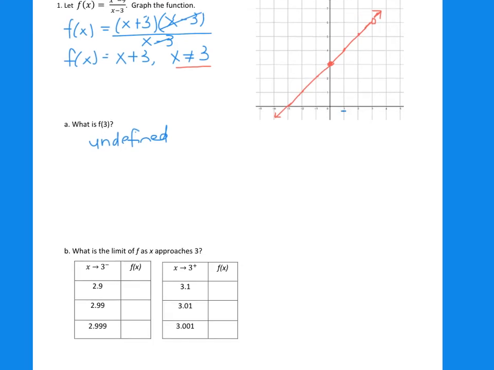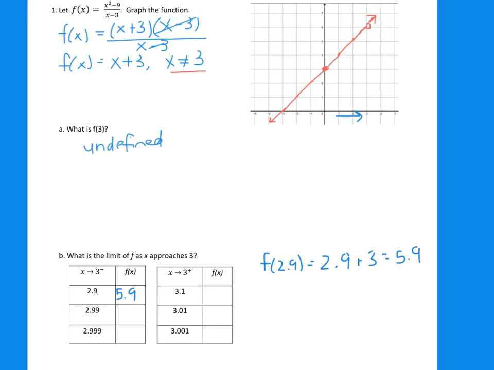So as we approach 3 from the left along the x-axis, for example, say x is 2.9, that's pretty close to 3 from the left. What do we get as a function value? Well, if we try plugging 2.9 into the function, we have 2.9 plus 3, and that gives us 5.9.